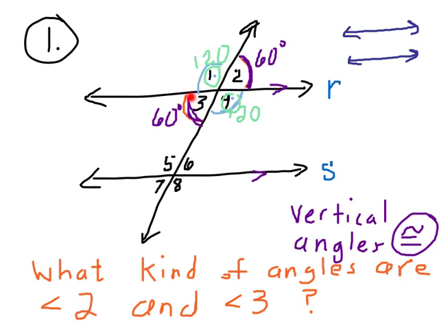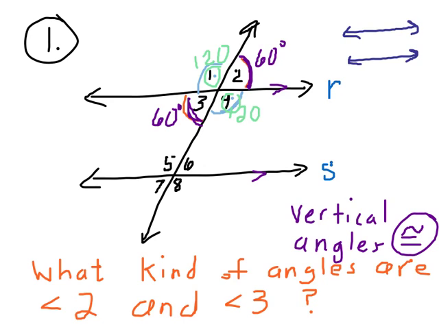This entire side put together, 60 plus 120 is 180. So 3 and 4 are supplementary. A lot of vocabulary in geometry. 2 and 4 are also supplementary because 60 and 120 is 180. Supplementary angles make 180. Vertical angles are equal.